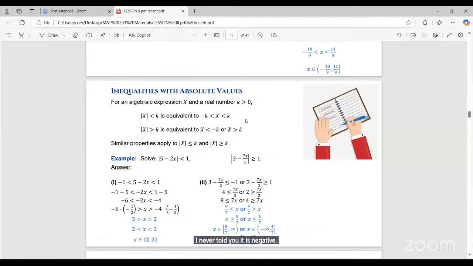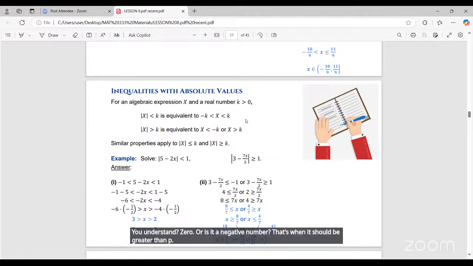But most times when it is greater, you tend to think that k is negative. Of course, absolute value is a positive number. Is it positive, is it 0 or is it a negative number? That's when it will be greater than k.